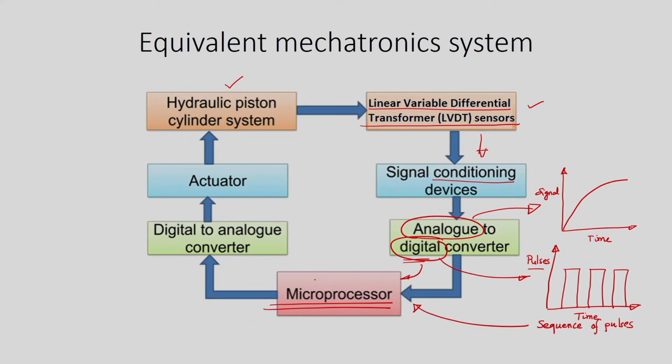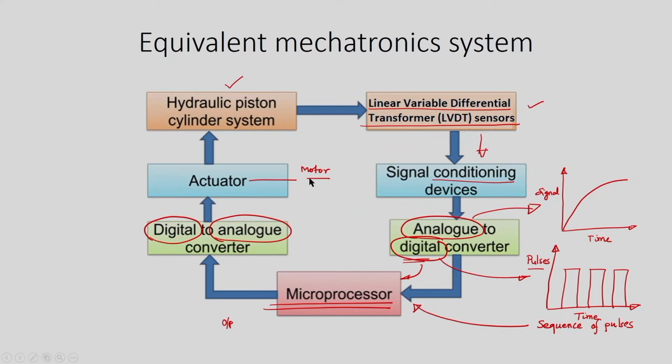The microprocessor has the program set by the programmer. It generates the output in digital format, and that output we need to further convert into analog format, because our actuator is an electrical motor.